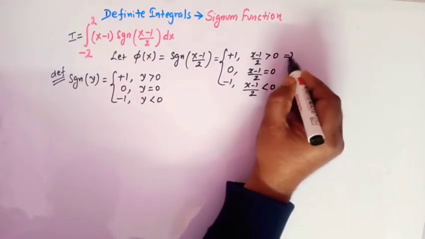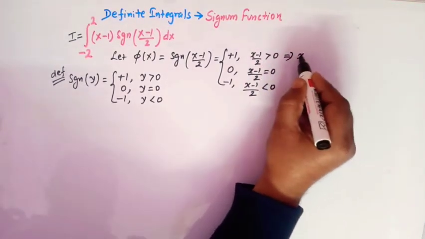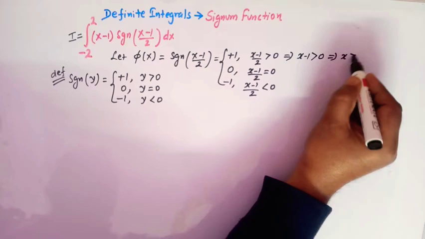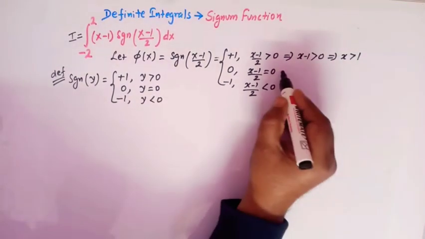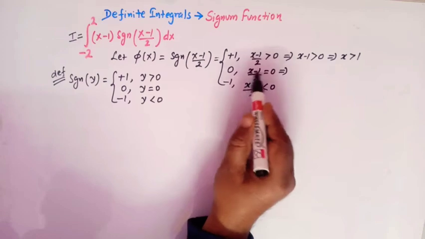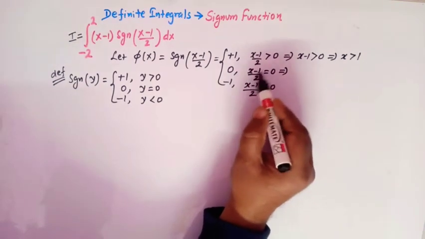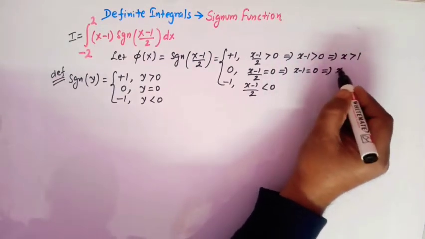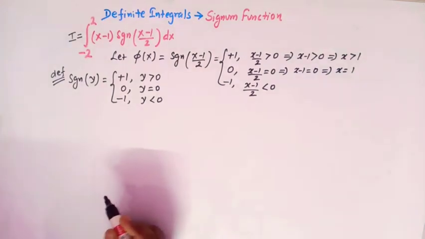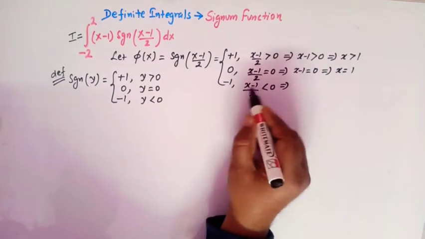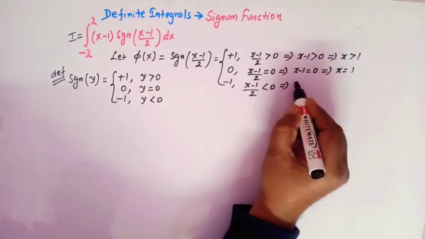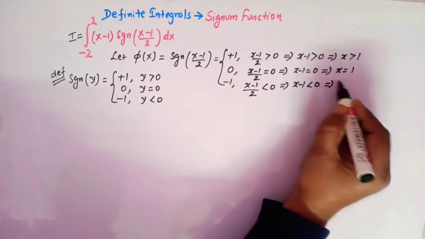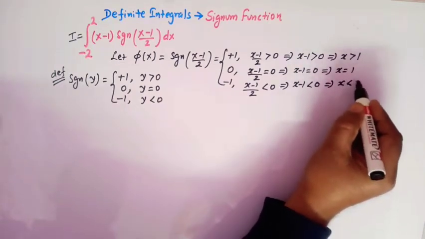From this inequality we see that x minus 1 should be greater than 0, which implies that x is greater than 1. If we solve the equation, we get x minus 1 is equal to 0, that is x is equal to 1. And if we solve the other inequality, we get x minus 1 is less than 0, which implies that x is less than 1.